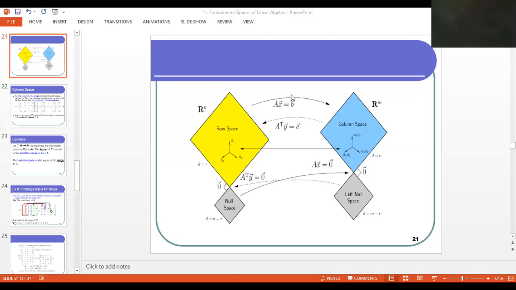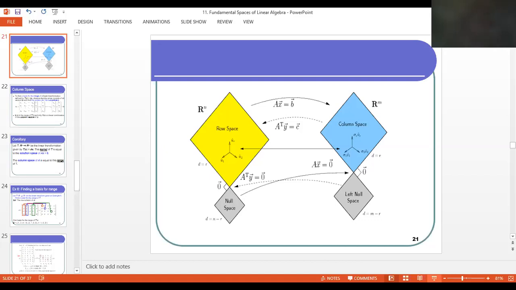So these are some core concepts of linear algebra. So let us start with the column space or range of a transformation. The linear combination of column space is fundamentally the concept which gives the idea of range of a linear transformation.